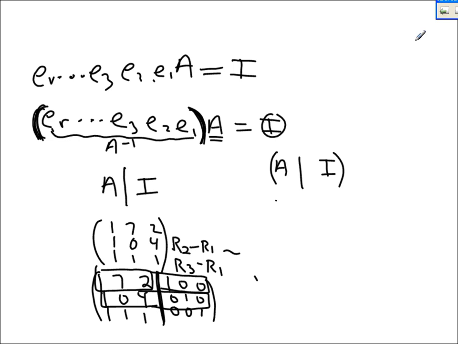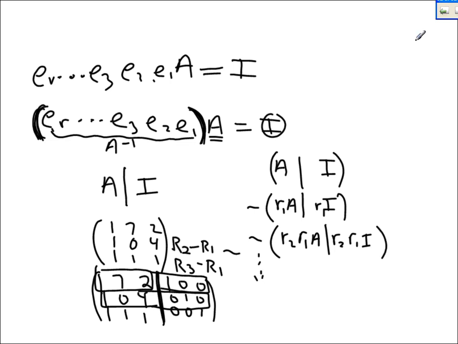So if you do some elementary row operation to A, call it row operation 1, then you end up doing it to the identity as well. And then if you do a second operation to R1A, you have to do the same thing to R1I, which is multiplied by R2.